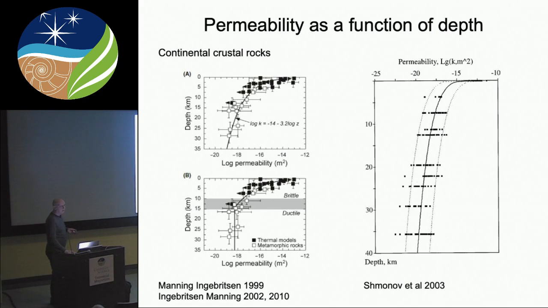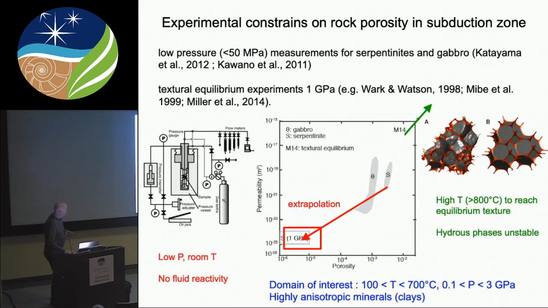But what about the rocks that we have in the subduction zone interface? Well, we don't have much constraints. Some of these come from experiments. So there are really low pressure experiments in which a fluid here, liquid nitrogen or gaseous nitrogen, is pushed through a rock sample. And so you measure the flow of this fluid, and from that you can get estimates of the permeability and the porosity.